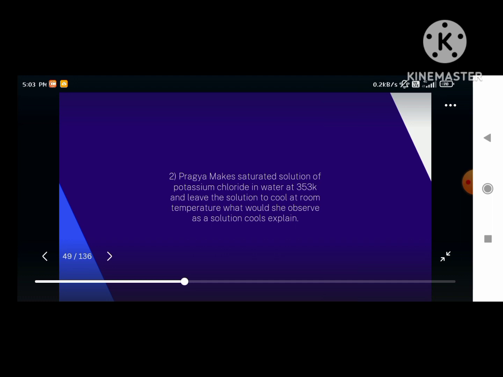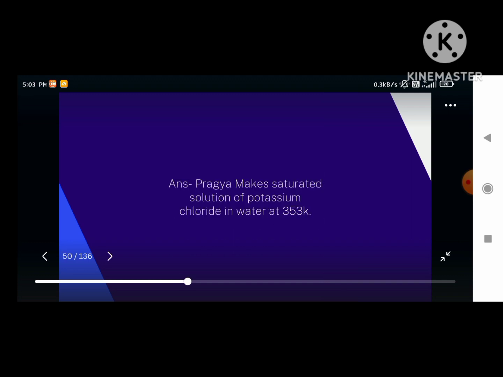Pragya makes a saturated solution of potassium chloride in water at 353 K and leaves the solution to cool at room temperature. What would she observe as the solution cools?